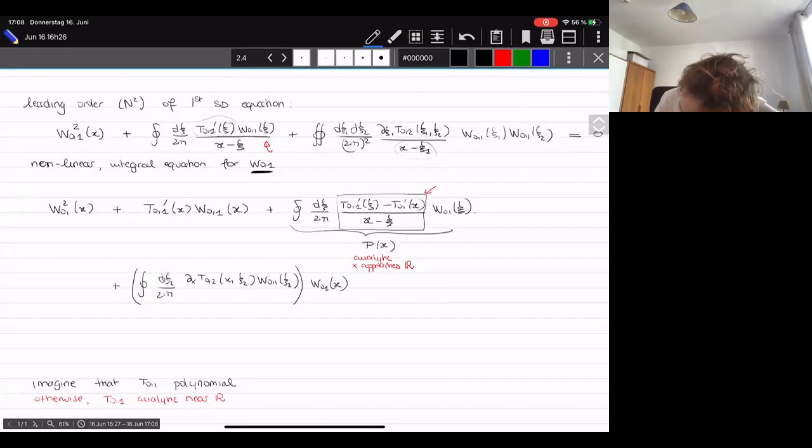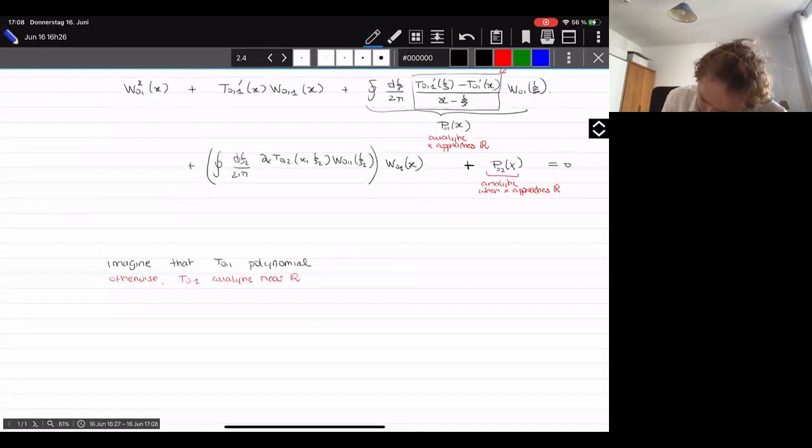But then I lost a term, and I claim that this term P tilde, so maybe I call that P01, P02, whatever it is, I know it's going to be analytic when X approaches R. So with this manipulation, we can rewrite our equation as a quadratic equation, W01x squared.